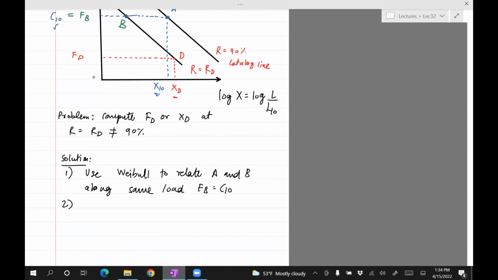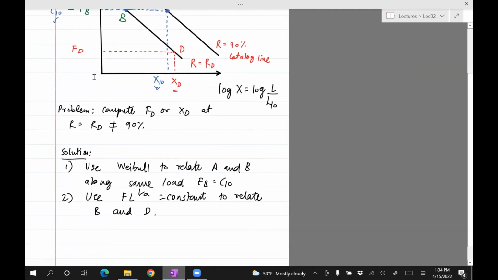And once you do that, use F times L raised to 1 over A equals constant to relate B and D. Okay, and once we do the steps, we can actually compute the life or the load at R equals RD. So let's do that.